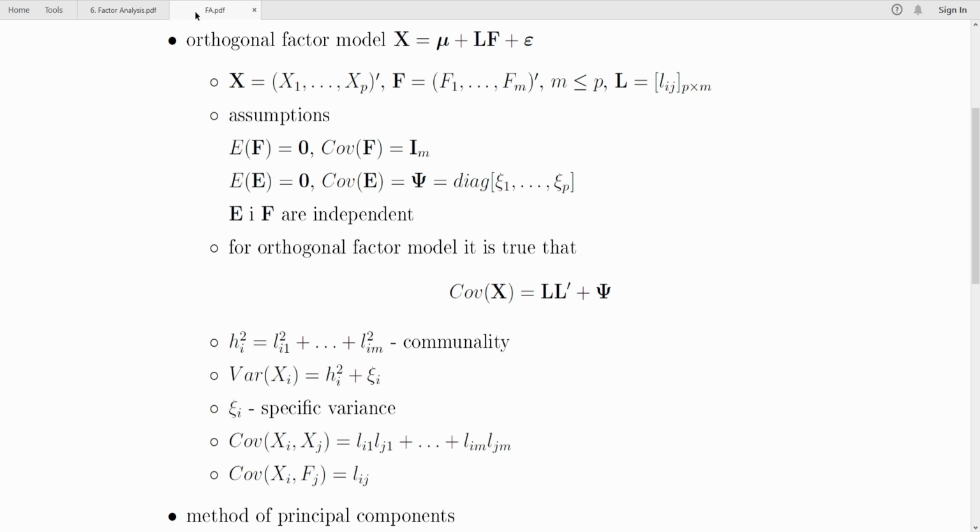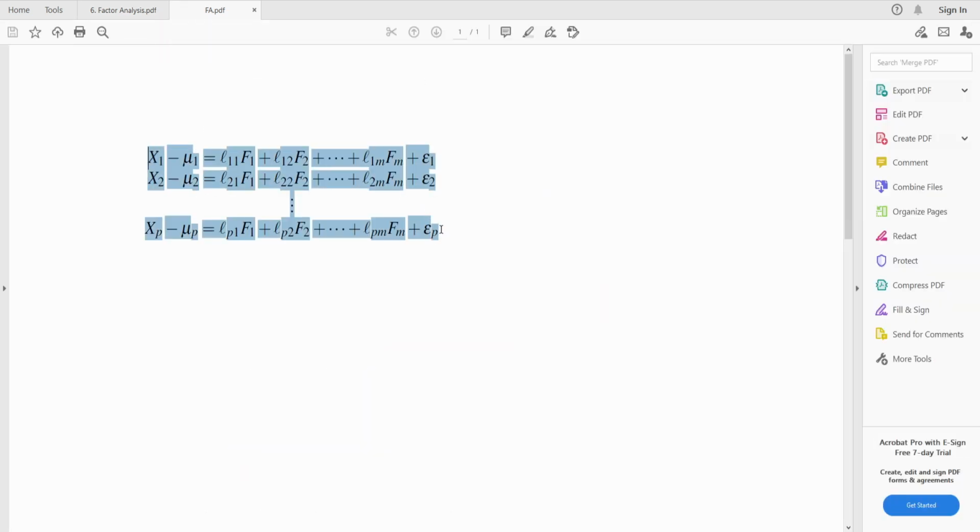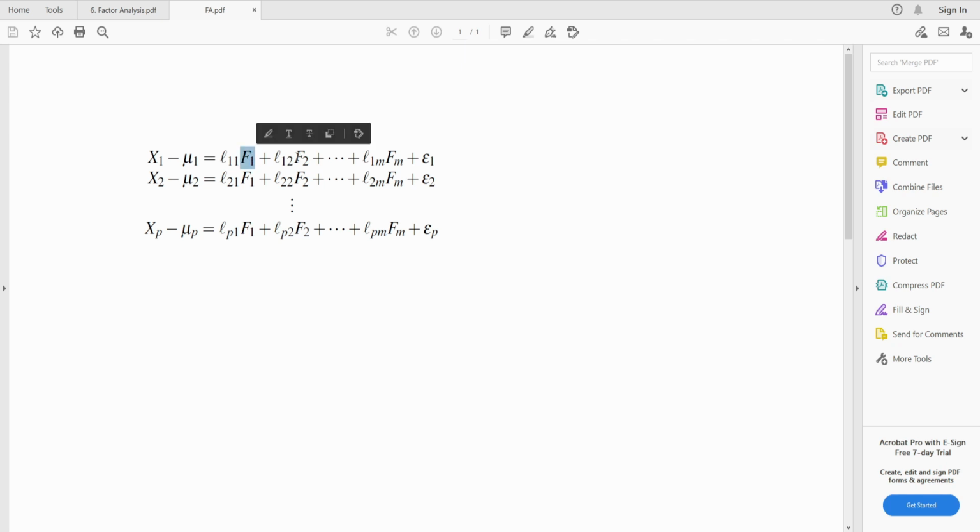Those variables f1, f2 to fm are not observable. In what sense? For example, when we had regression models, we had random variables that were observable instead of those. So you can say that it's kind of similar, but the assumptions are different from the regression model. They differ a lot, those models.